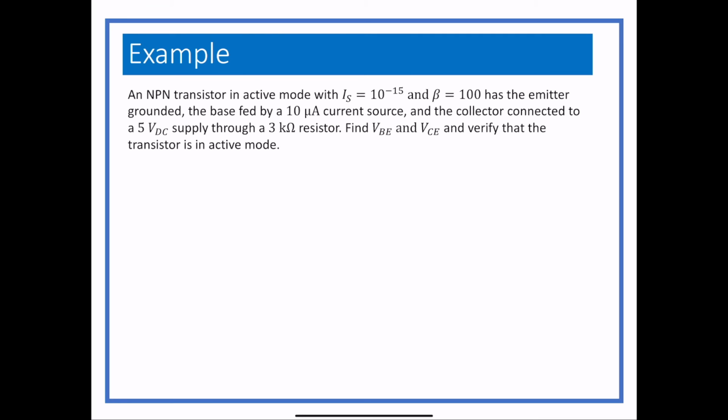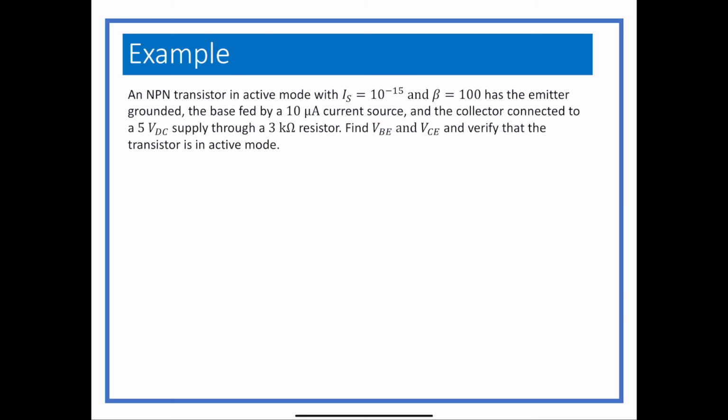And the emitter is grounded. The base is fed by a 10 microamp current source, and the collector connected to 5 volts DC with a 3K resistor. And we want to find VBE and VCE and verify that this is in active mode, which means that VCE would be a bigger value than like 0.3, so it would be a normal value.